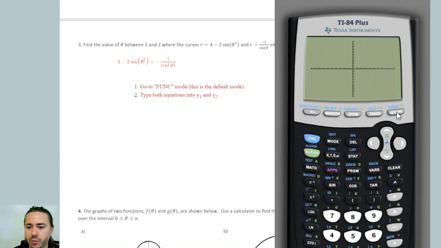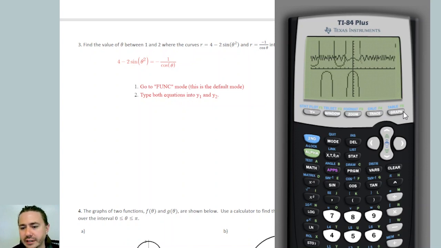Okay, so now what we have when we look at the graph is it's going to look pretty crazy, to be quite honest. But you got to remember that we're using the rectangular mode, the function mode, to graph these polar equations. So this is not really like the graph in polar form of what these look like.